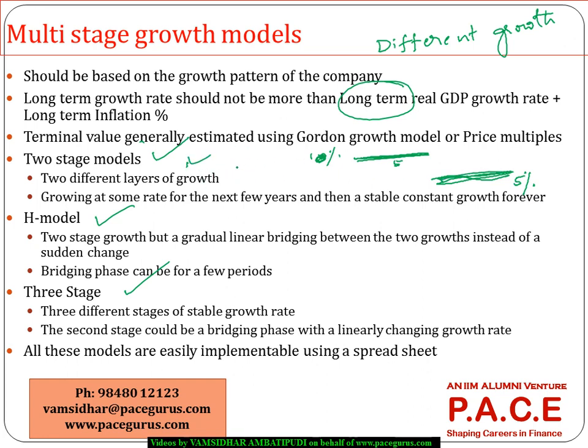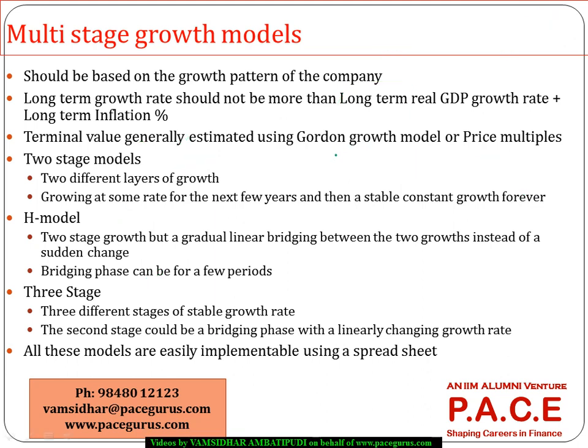Similarly, if I say 10% for 5 years, another 8% for another 3 years, and after that a stable 5%, there are 3 stages, so we call it a 3-stage growth model. Otherwise, 10% for 5 years, and after that a gradual fall over the next 5 years to 5%, probably 9% in the next year, 8 in the next, 7 in the next, something like that.